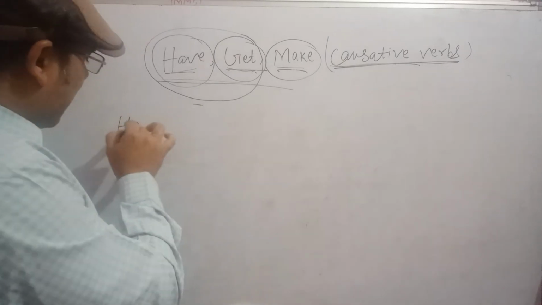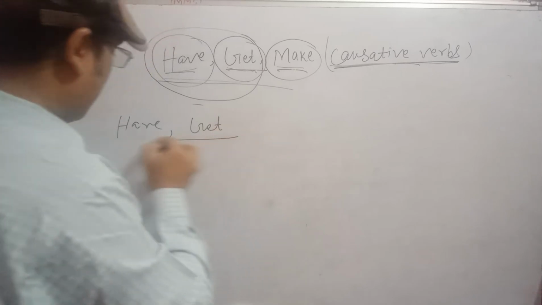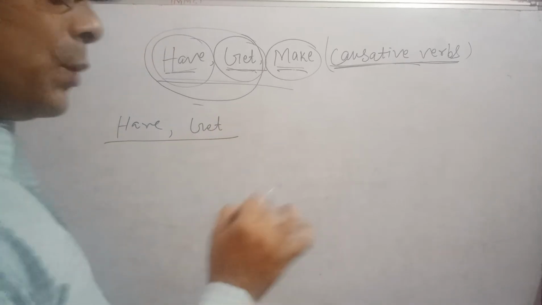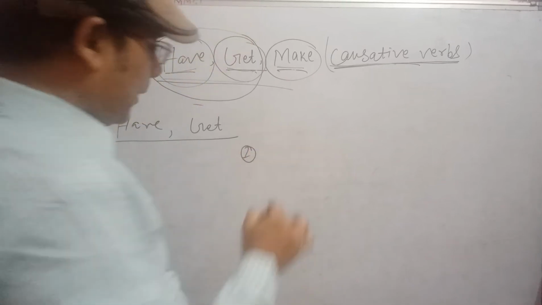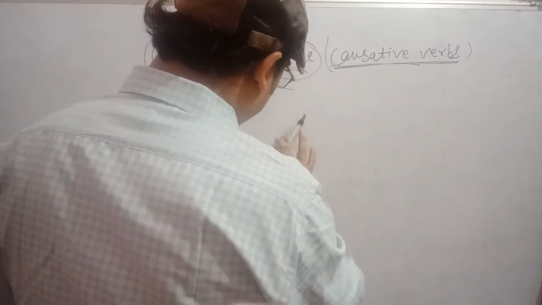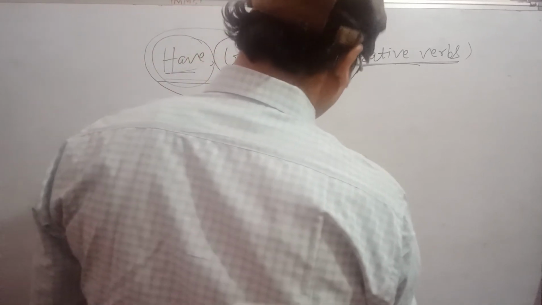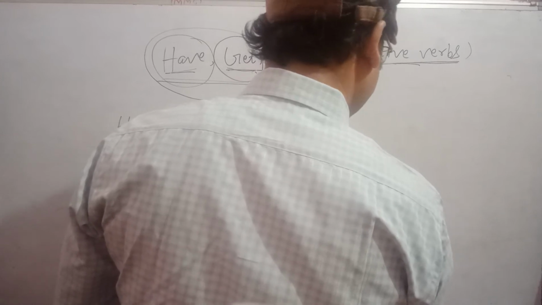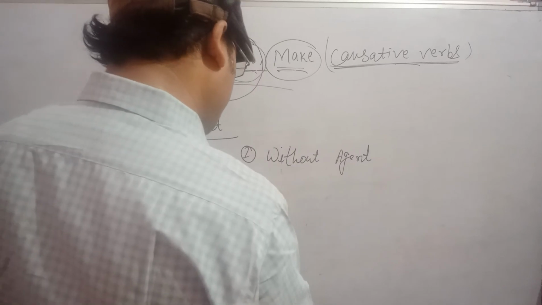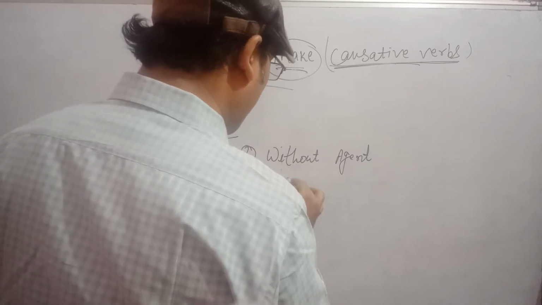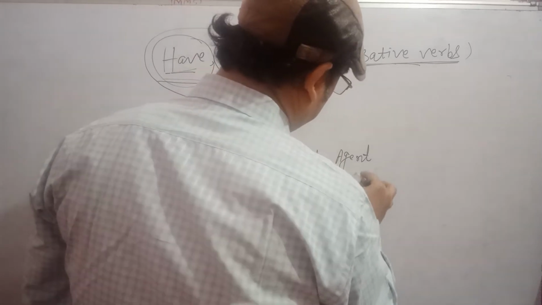Have and get, two ways are there. Number one, without agent. Number two, with agent.